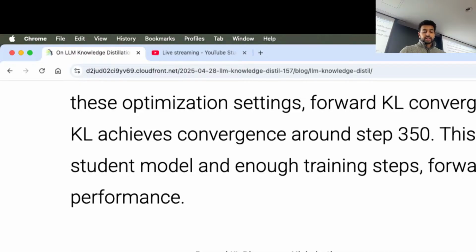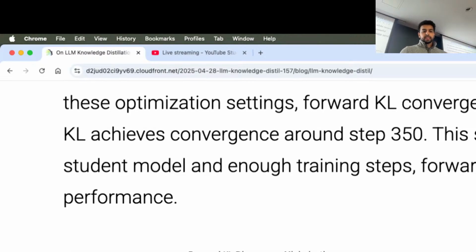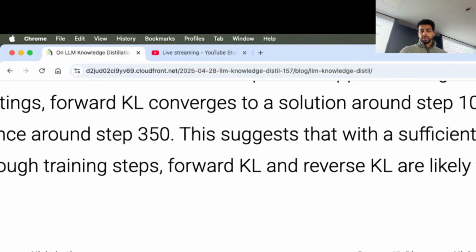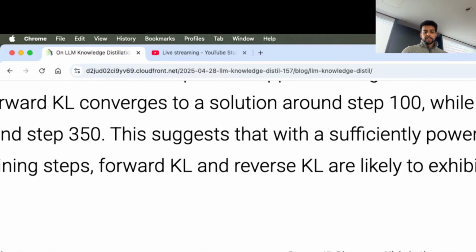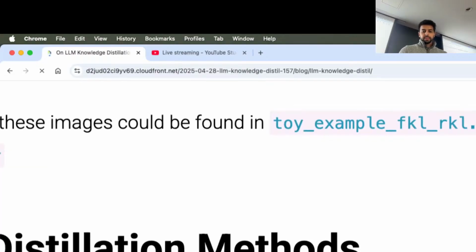With the forward KL, you can see that at the beginning it tried to distribute its mass kind of evenly across these two modes, whereas the reverse KL, I don't know what's actually happening to this animation, will start covering just one of these modes.